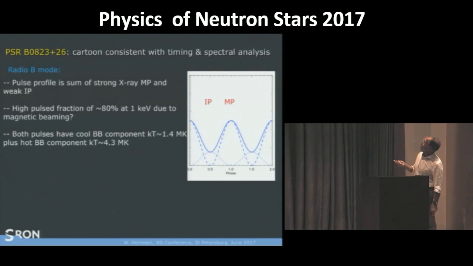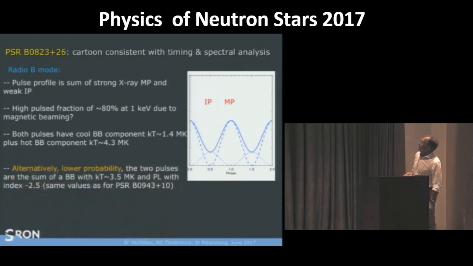In fact, this cartoon is not completely correct. This dip should be deeper in this case. Alternatively, lower probability, we have to see whether that is really consistent with all the data, that we have two pulses, both with a black body and a power law. And that would be similar to 0943, and okay, that we have to work out now further.